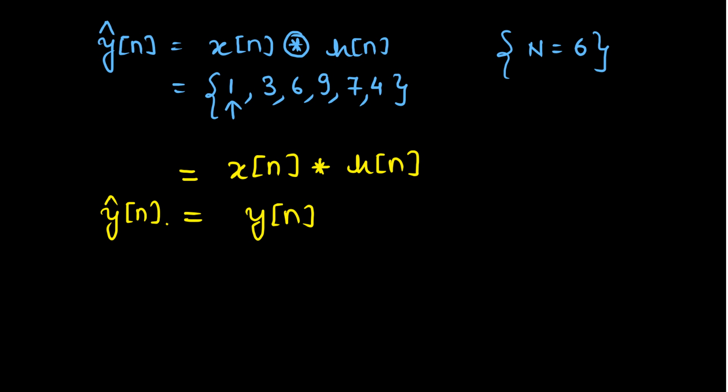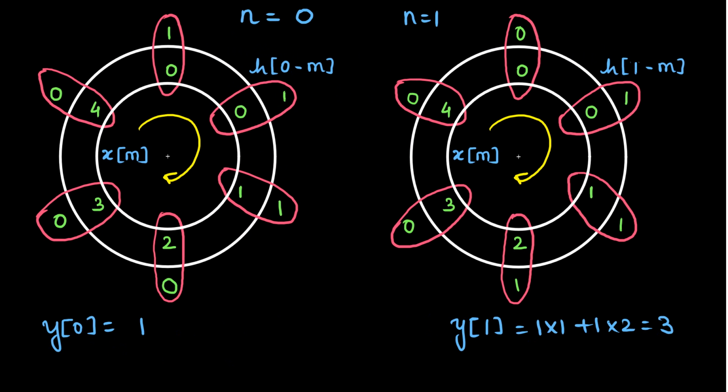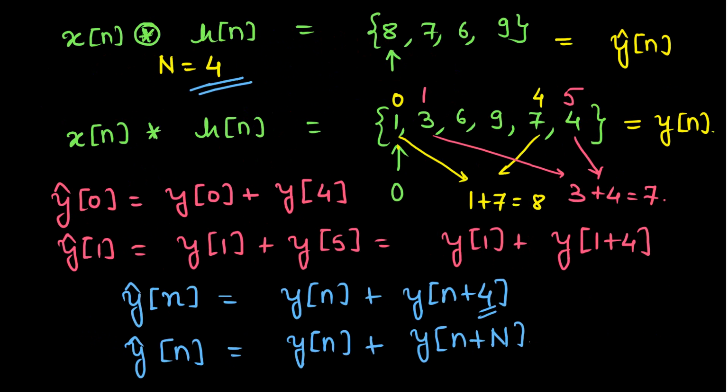So yes, if we consider the value of n greater than 6, then also we would have some extra terms that are going to be 0, because this overlapping that we are obtaining will not be equal to a finite value, because if we move ahead and append more number of zeros, then for higher values, for example, this is a 6 length sequence, but if we consider the value of n as suppose 7, then the value of this y hat of 6 would be given by y of 6 plus y of 6 plus 7.